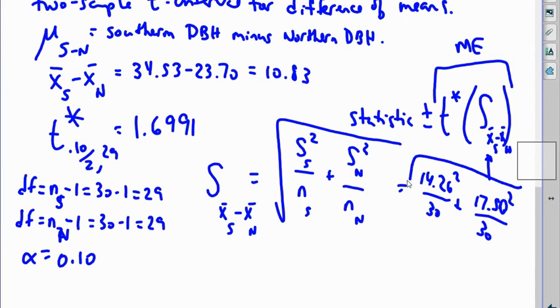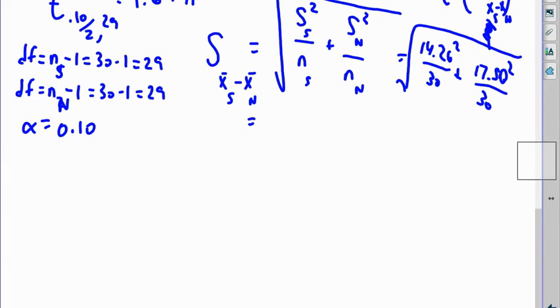Take the square root of that. That gives me 4.121478. Okay, so now let's take the mean difference.